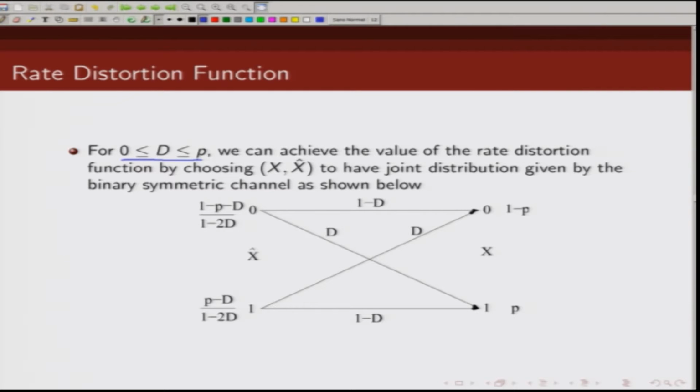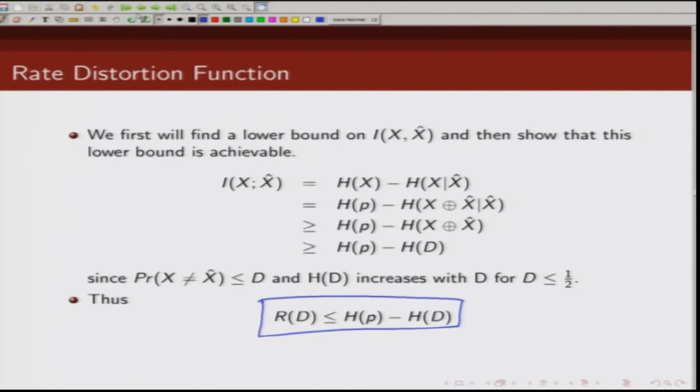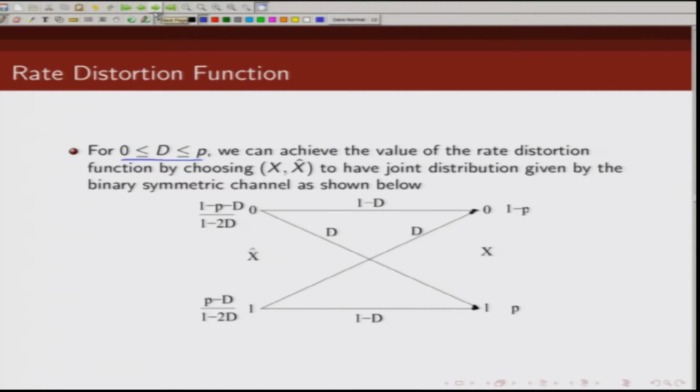Remember, our objective is to cook up a distribution such that this rate is achievable with equality. So, x is distributed as Bernoulli with p, and we want H of x given x hat to be basically H of d.